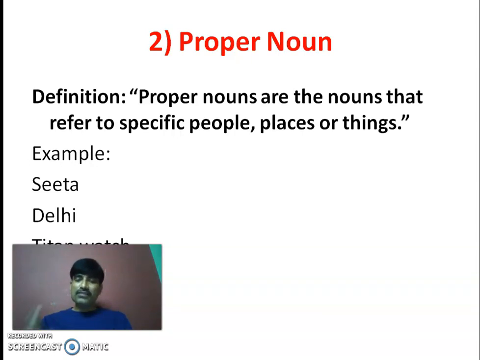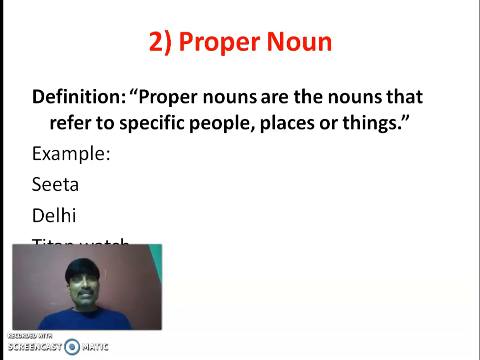For example, if I say that today Sita is absent in the class, you will realize that the one girl whose name is Sita was absent. If I say there is a girl who is absent today, you won't be able to understand which girl or who is the student that I'm talking about. But if I say that Sita is absent today, you will realize the one particular person because of that proper noun.